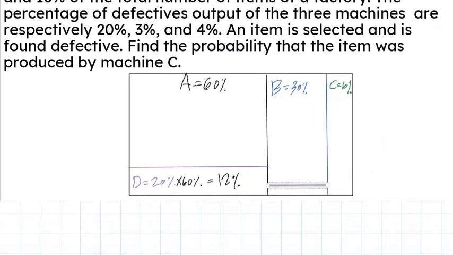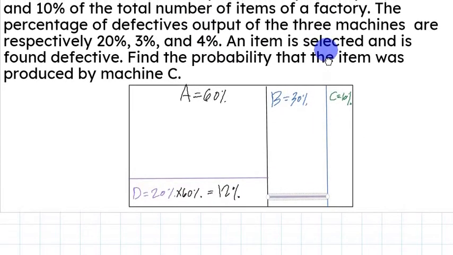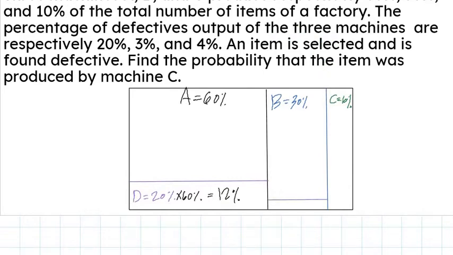And the amount defective now would be 3% of our 30%. That should have been written in blue, so it's easier to distinguish. And that's actually equal to 0.9%.